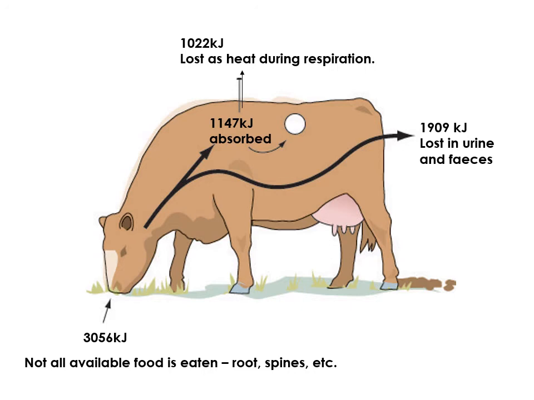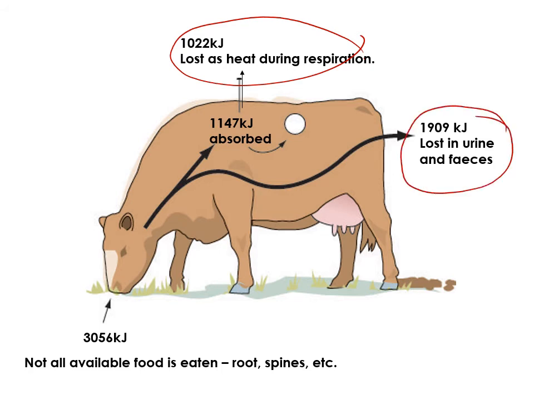So we've got our respiration losses up here, and we've got our losses in the feces here. What we want to calculate is what amount of energy makes it into the biomass there. And we could work out all sorts of things in terms of efficiency, but that's what we're interested in. So do you want to have a go at calculating that for me?